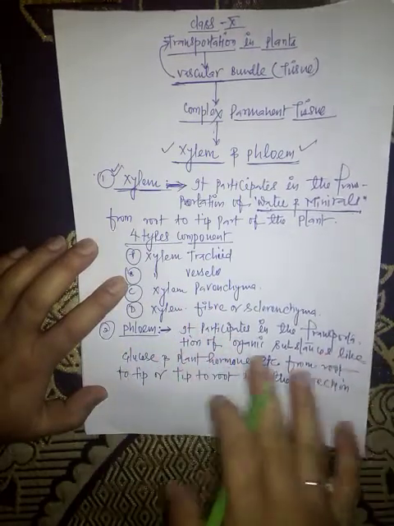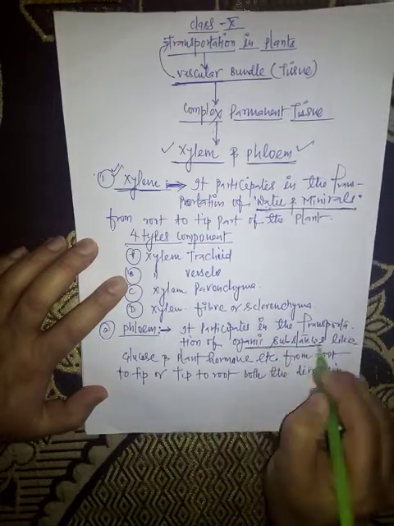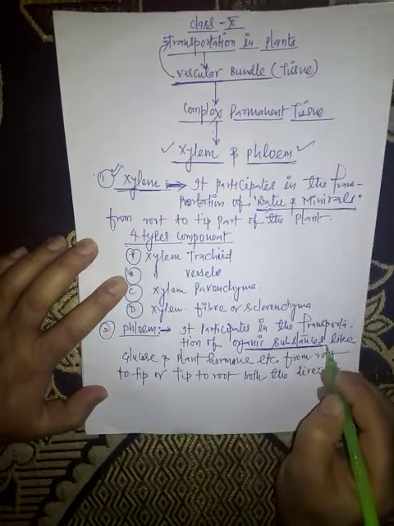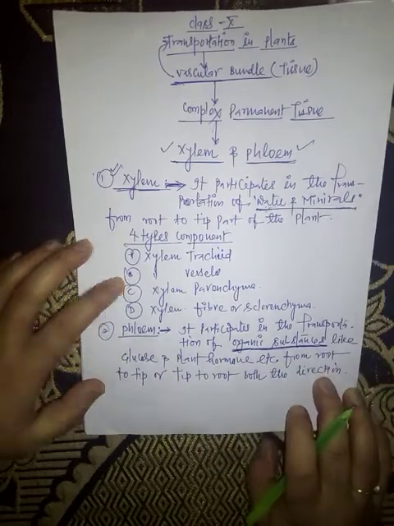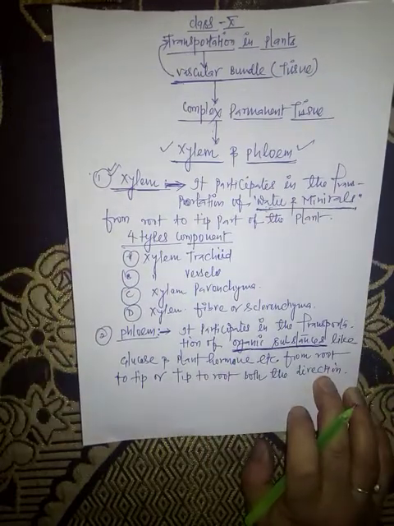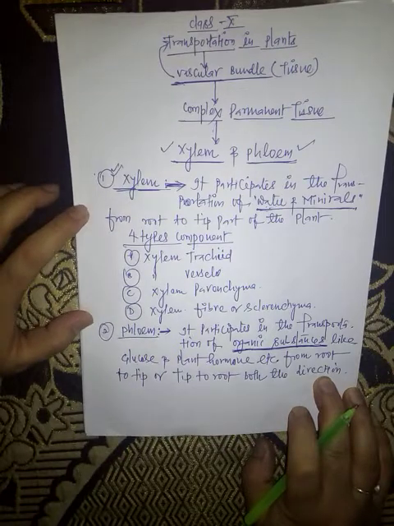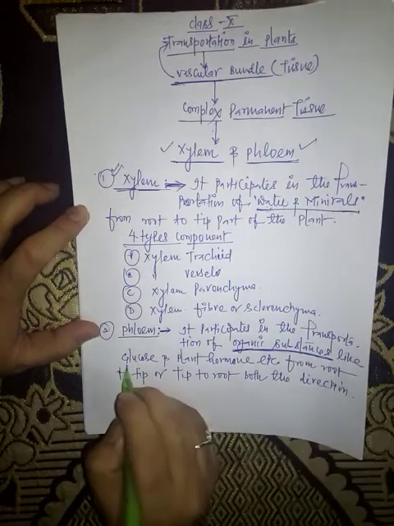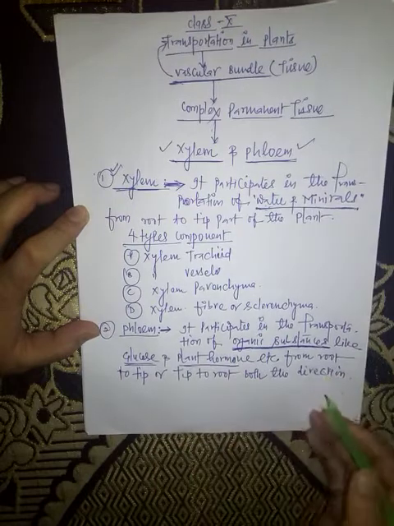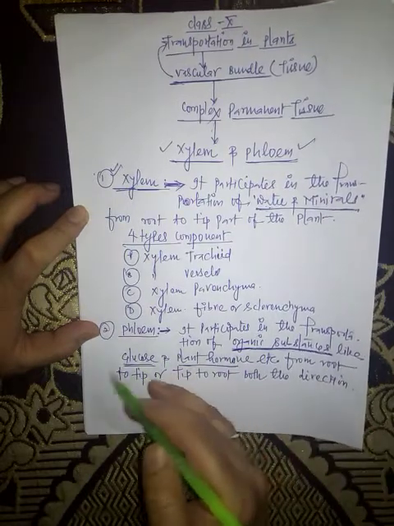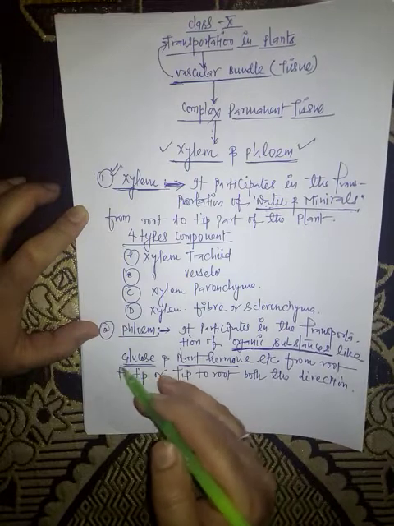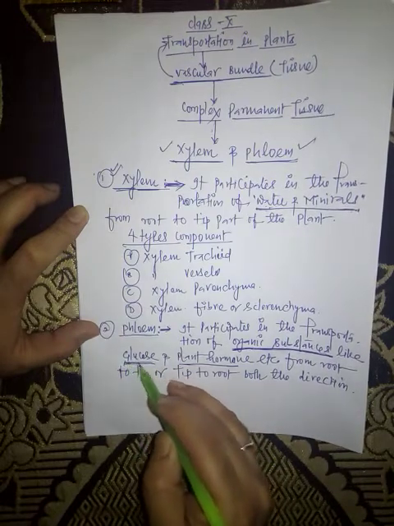It participates in the transport of organic substances. Organic means those substances which have carbon and are made up of carbon, like glucose and some plant hormones. Glucose is formed in the leaves of the plant due to the presence of chloroplast.